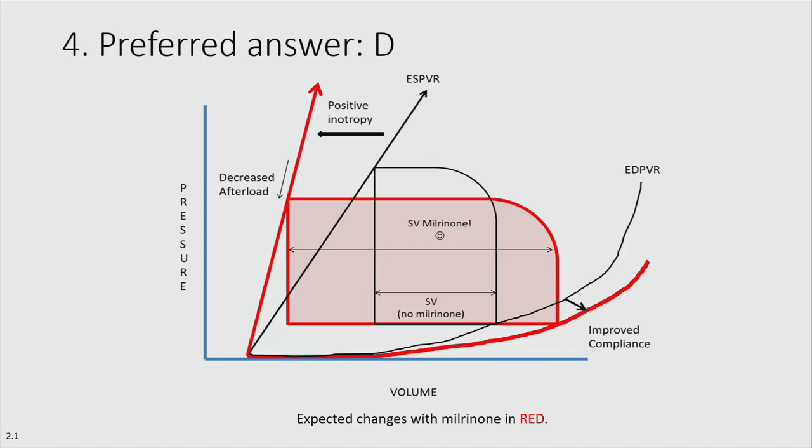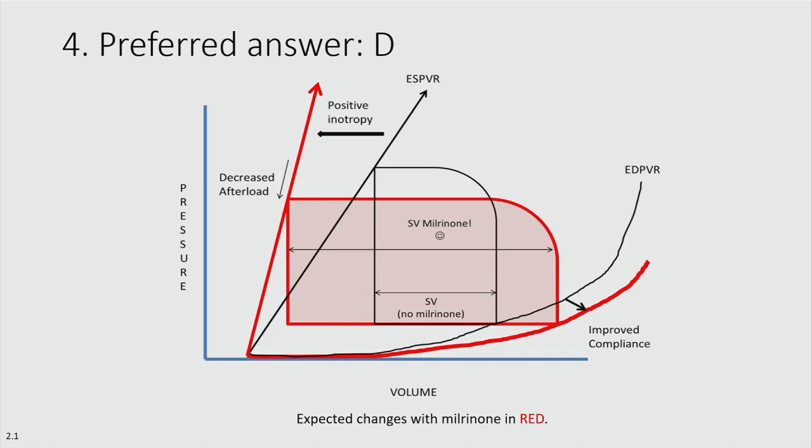With milrinone, you're going to have increased compliance, so you're going to move your end diastolic volume slope down and to the right. You're going to have increased inotropy, so the end systolic pressure volume curve slope increases, and also decreased afterload. So for that given curve, you're probably going to move down a little bit, and the net effect is that you're going to have increased stroke volume.